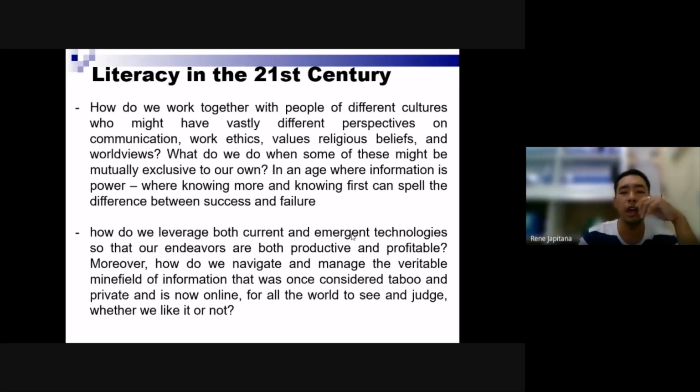Meaning, with the sheer amount of information, how will we know that this information is legitimate? How will we know that the information that we are reading and receiving is true and truthful, meaning legal and legit information? So that is when we use our 21st century skills, we will be able to identify which is true and which is not. Okay?